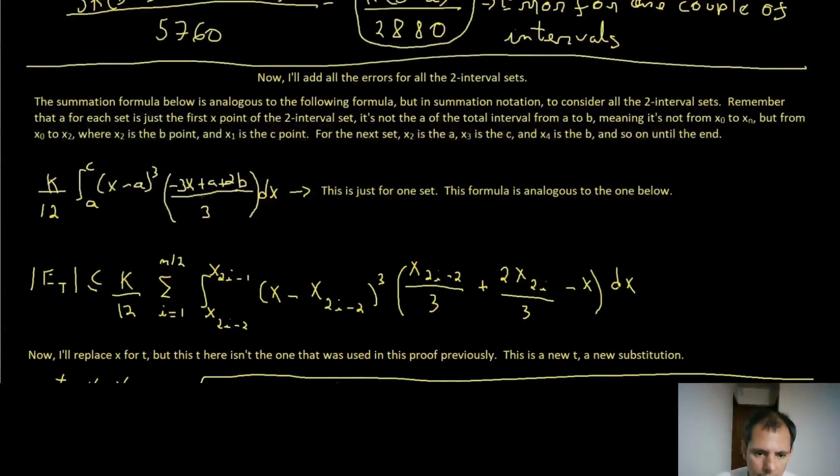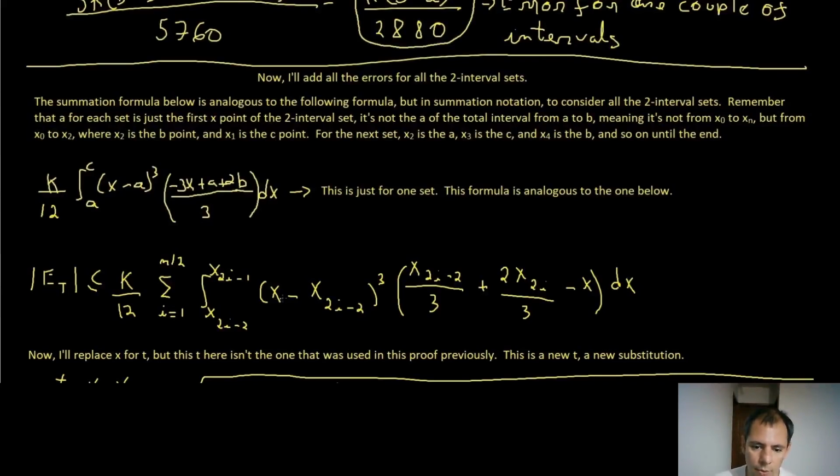And now you have x minus a cubed. That's what this means in here. This a is just x0, but remember, x0 is the a for the first set. x2 is the a for the second set. x4 is the a for the third set. You have a bunch of a's, a bunch of c's, and a bunch of b's.